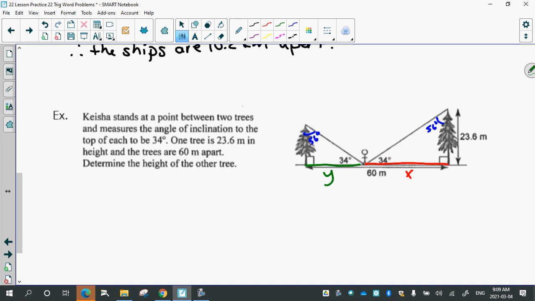Okay, so if I'm doing this, so I want to find x first, so I'm going to label my sides according to the acute angle I know, 34 degrees. So I know the 23.6 meters, which was my opposite. I don't know my hypotenuse, and I'm trying to find my adjacent. So which ratio am I going to use?